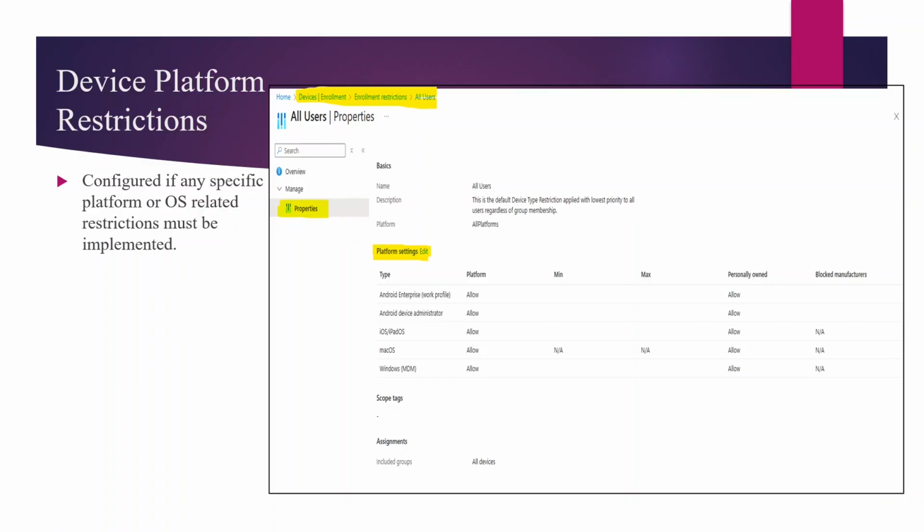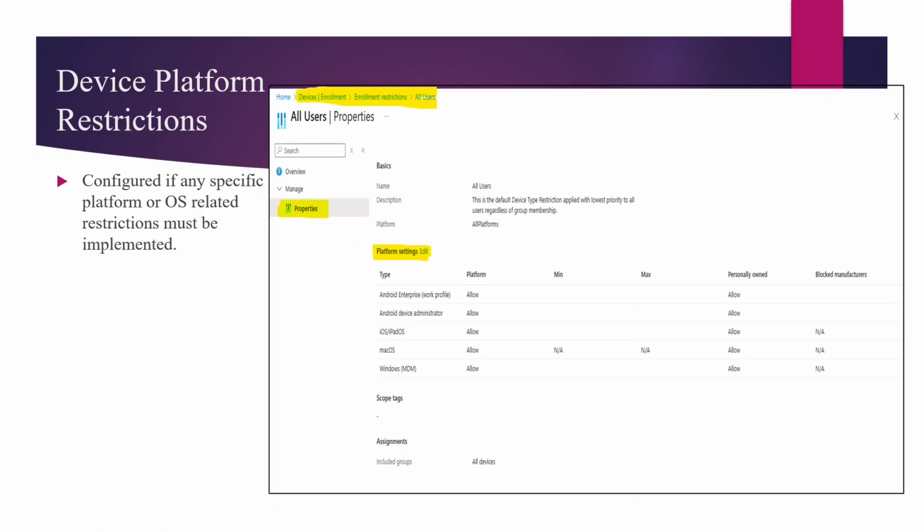They do not want that operating system to be used and enrolled in their environment as a corporate device or as a personal device, accessing their office resources and organization data. So, using this platform restriction, those kinds of controls can be implemented when it comes to device registration and device enrollment with Intune.